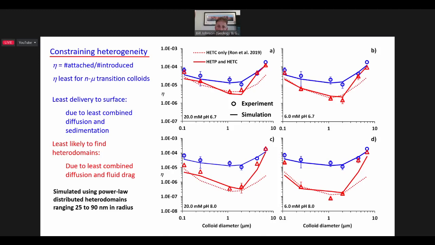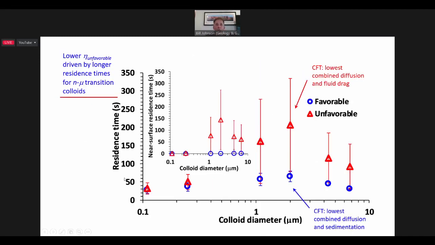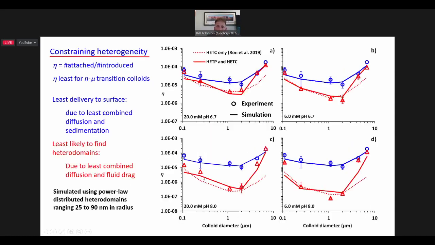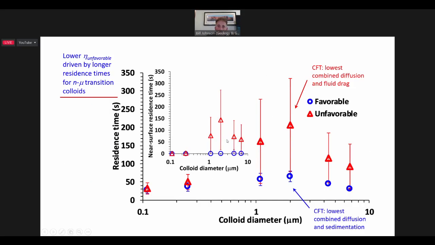What convinces me that we're doing something useful is that we can start to look at the pore scale simulations on those surfaces to understand how long it took these colloids to attach. And what we see is that the reason we have this very low minimum in the nano to micro size range transition is that those colloids take longer to find heterodomains and attach.